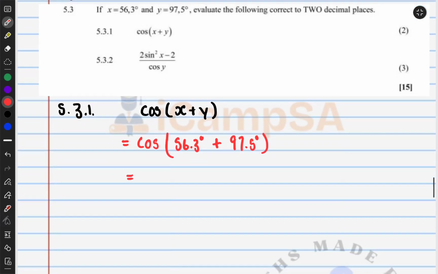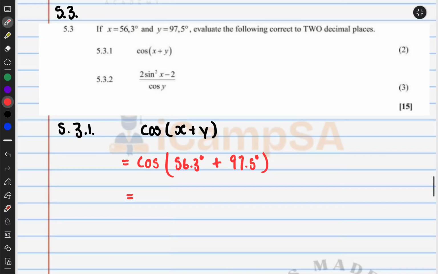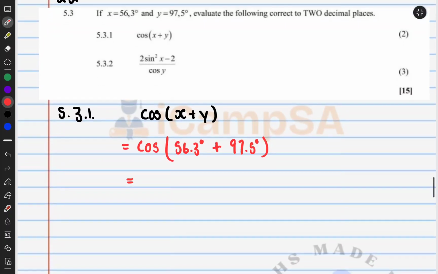Therefore, cos of x plus y is going to be cos of 56.3 plus 97.5. It gives us, to 2 decimal places, negative 0.90, and that is your answer.